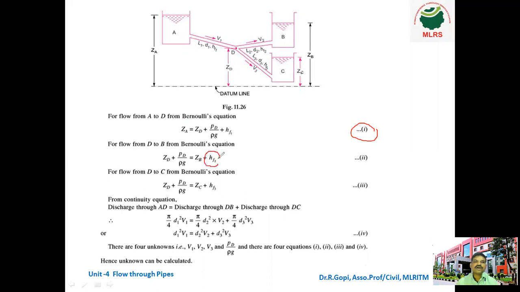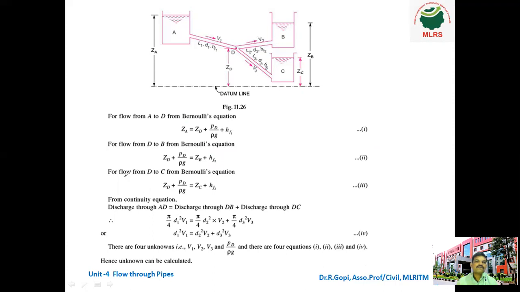Why does this HF2 come here? Because flow takes place from D to B, not B to D. So we assume flow takes place in this direction, and we have to put the loss of head due to friction for this condition, on the right side. This is equation number 2.